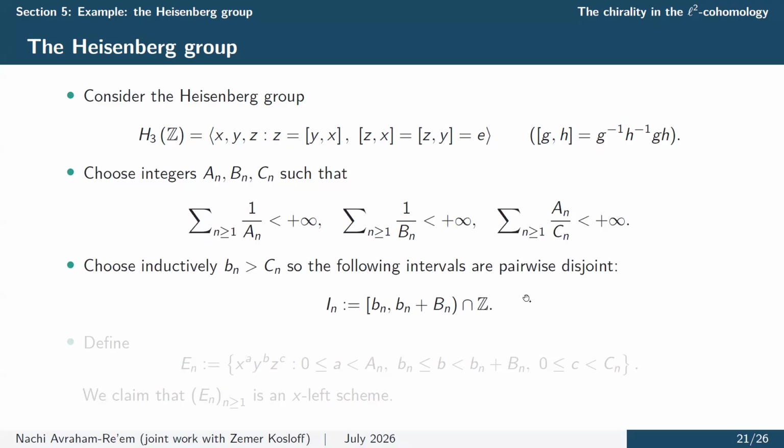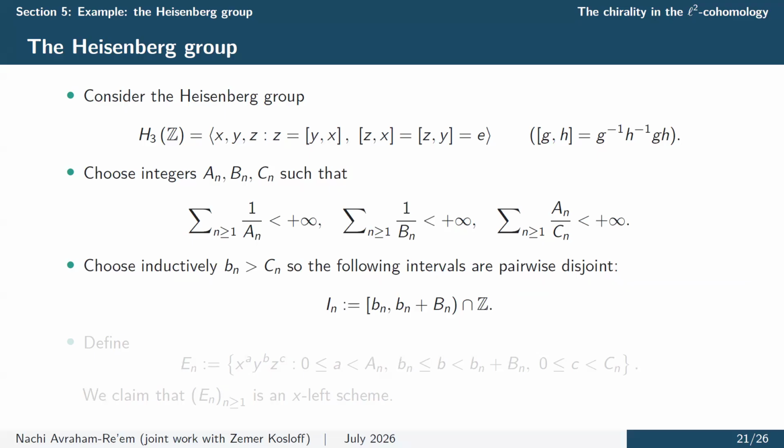No need to think too much about these properties. They are engineered to satisfy the property that we're going to see. So we took as input capital A_n, B_n and C_n, and I define some extra sequence of integers, call it small b_n.